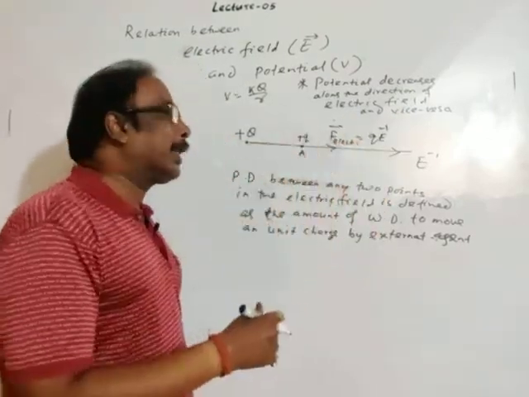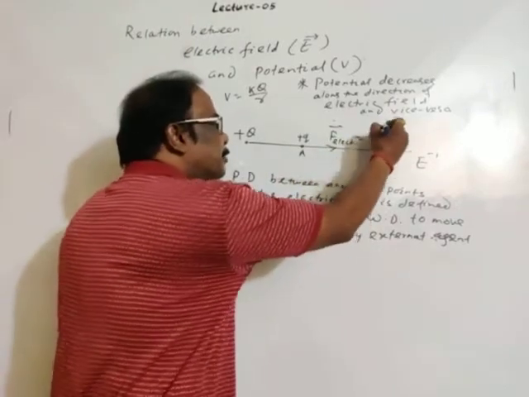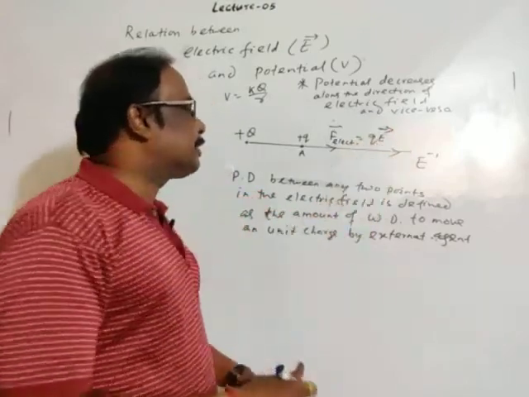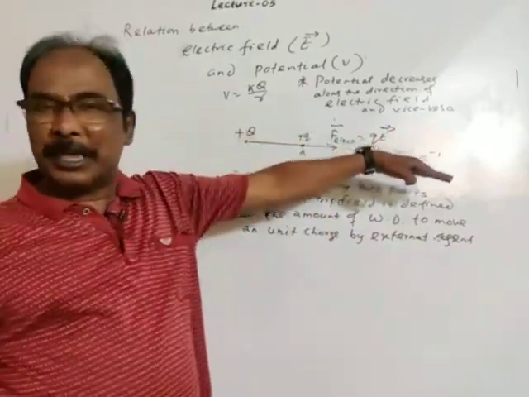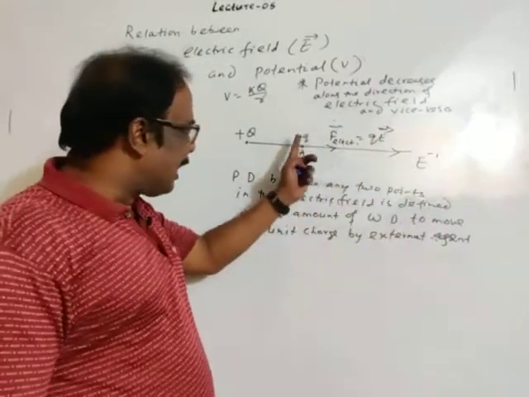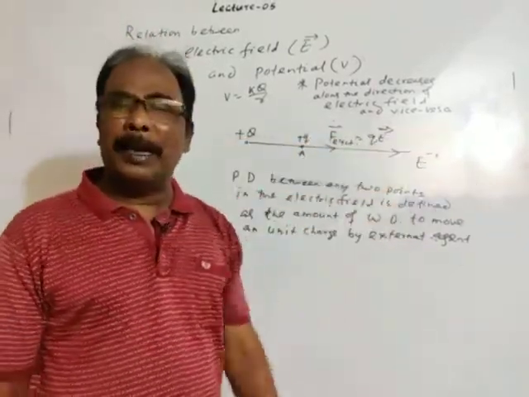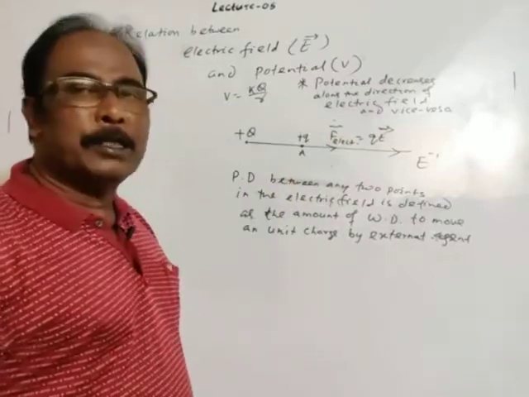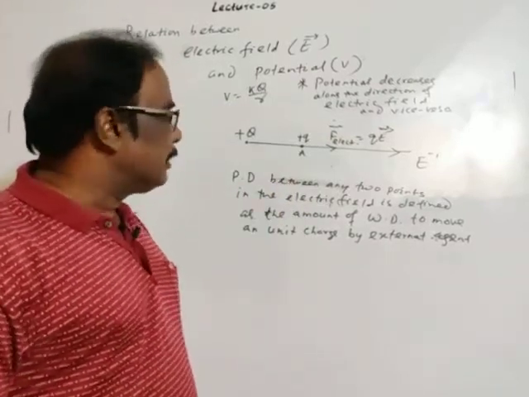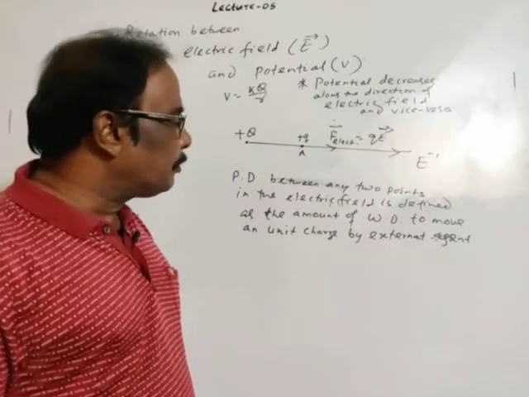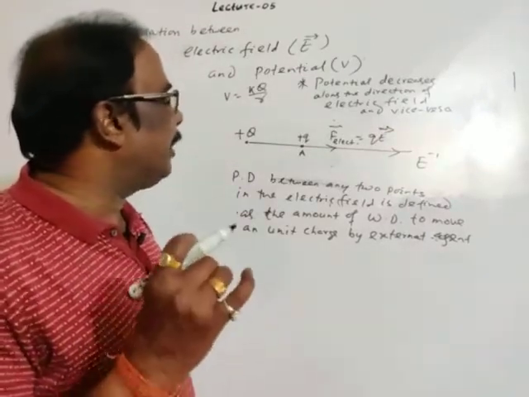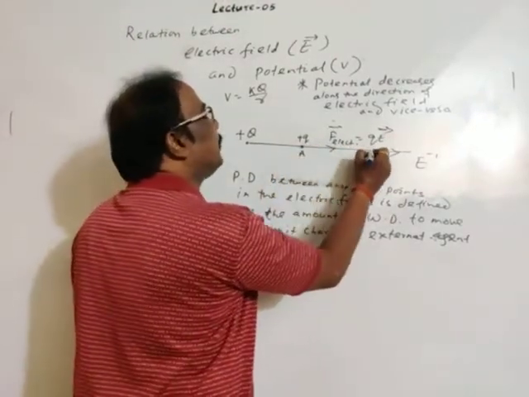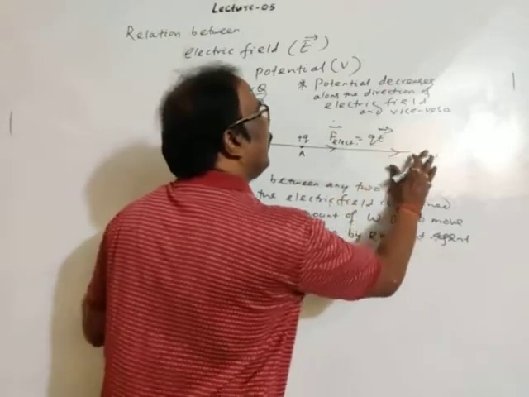As we know, electric field is force per unit charge, so the force experienced by this charge Q is QE, along the direction of electric field. But by the definition, potential difference between any two points in the electric field is the work done to move the unit charge by an external agent. Okay, let the charge be moved from A to B.